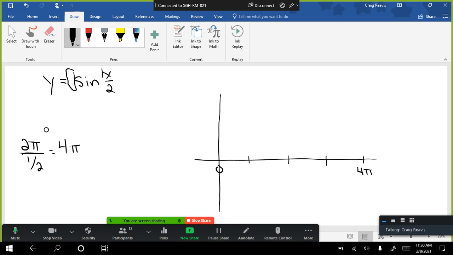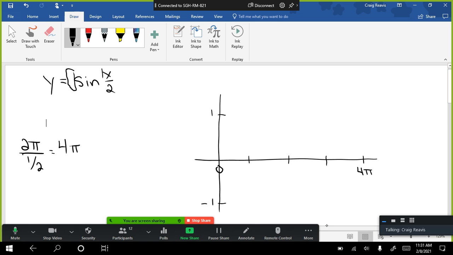It's the understood 1. So I know that my graph is going to go from 1 to -1. I know it's going to start here. It's going to go up because this is a sine curve. It starts in the middle, or at 0. It's going to go up, down, and it's going to end up at the same spot at 4 pi.